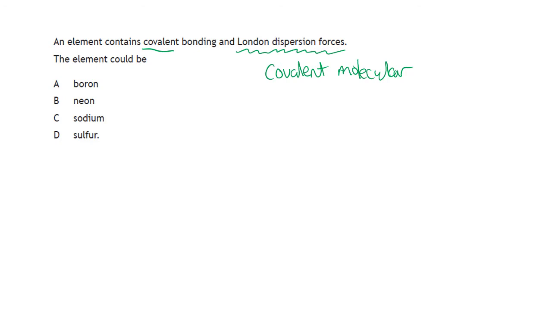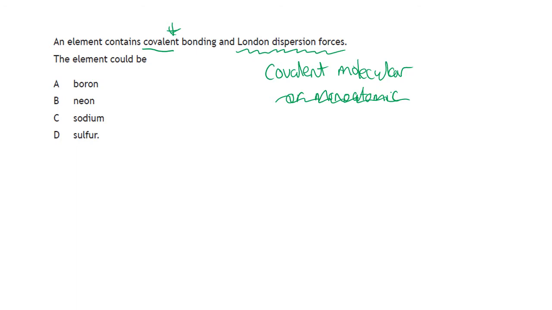So we're looking for something that is covalent. So London dispersion forces mean covalent molecular or monoatomic. But the fact that it has covalent bonding means that it cannot be monoatomic.